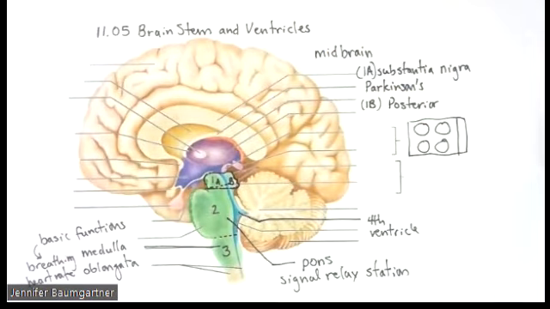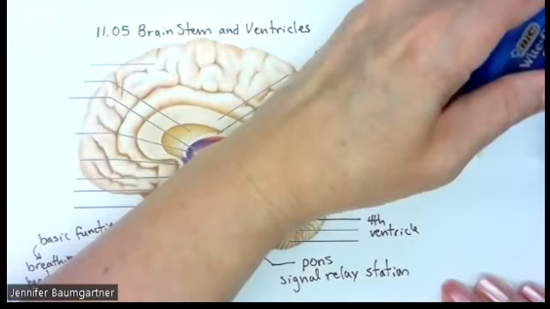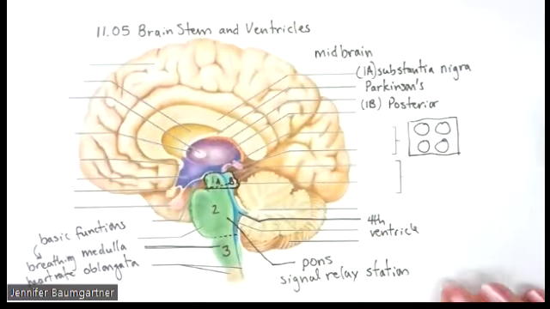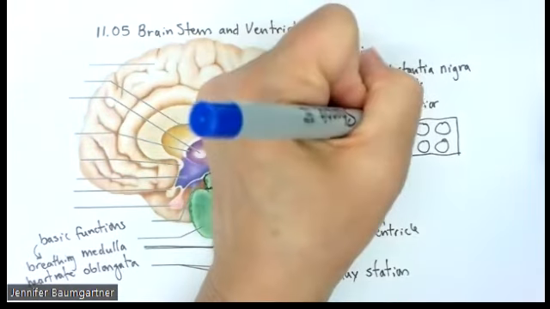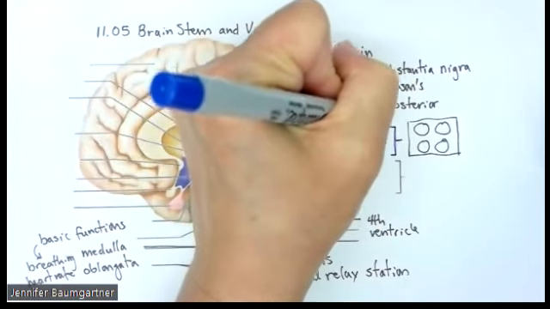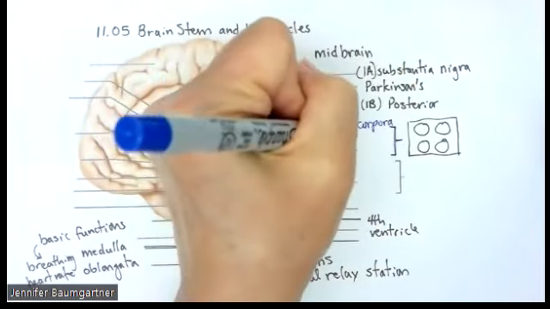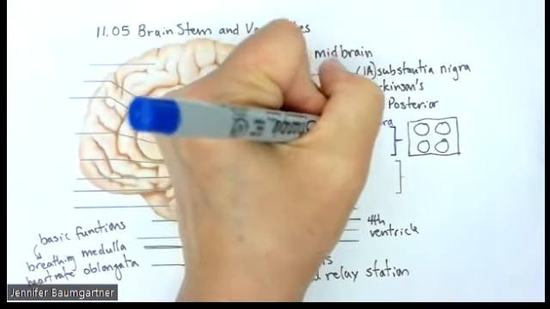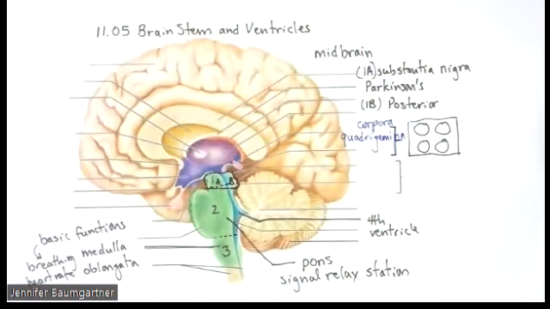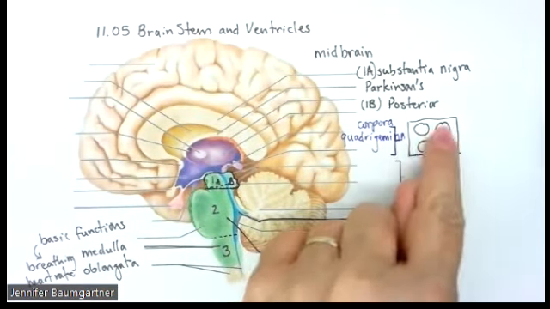Get my white out, it's going to bug me. That there are 4 bumps. Together, these 4 bumps, actually this bracket works for us, are called the corpora quadrigemina. Corpora quadrigemina. And if you know quad means 4, and we've got 4.